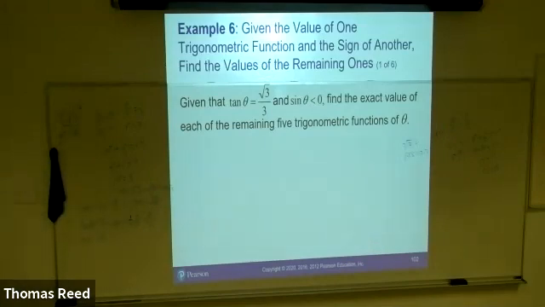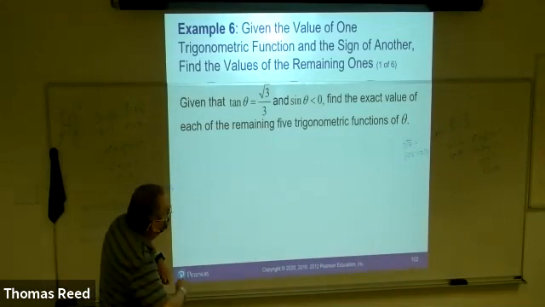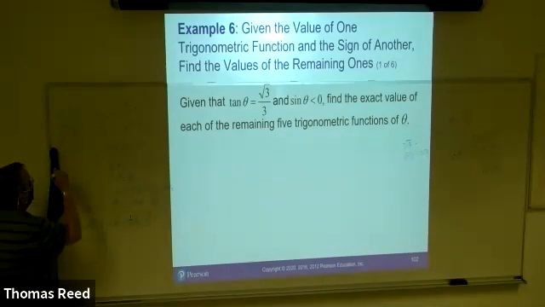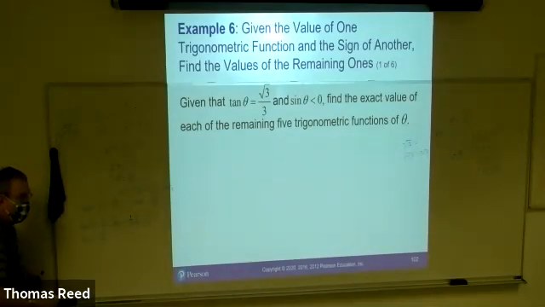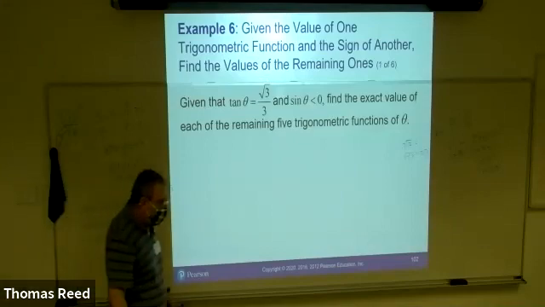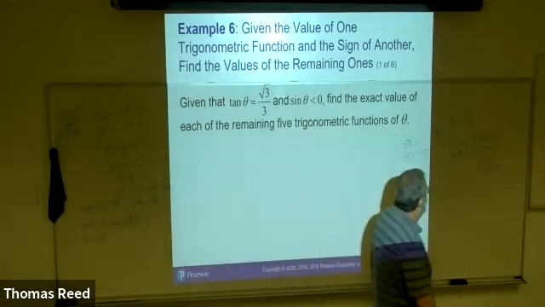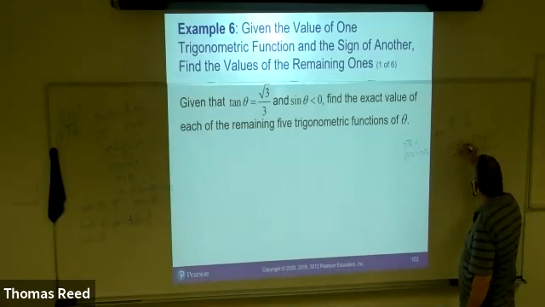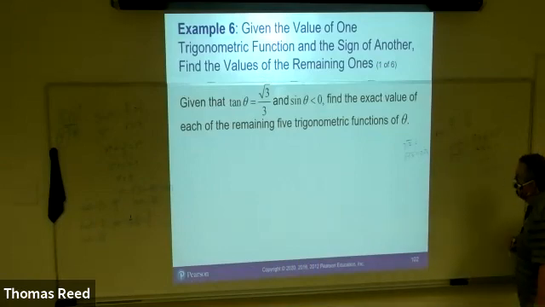So we're probably going to change which quadrant we're talking about from that previous problem. Okay, and sine is negative. Sine is negative in the third and fourth quadrants. So we're talking the third quadrant where both sine and cosine are negative. So that means both x and y are going to be negative.